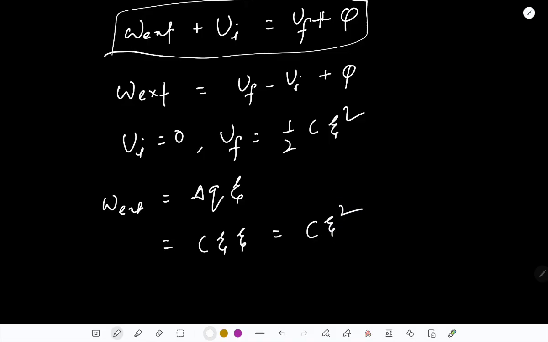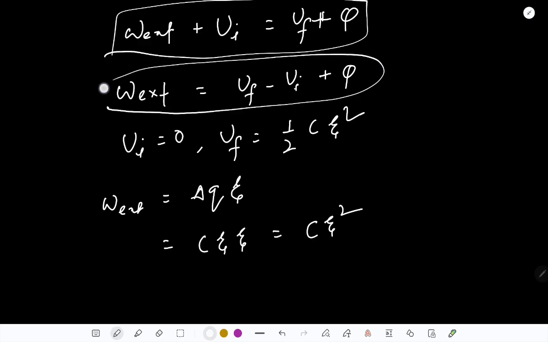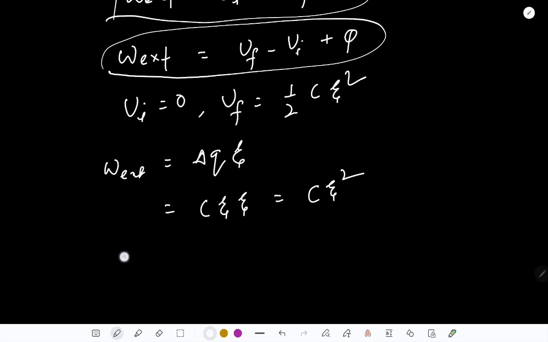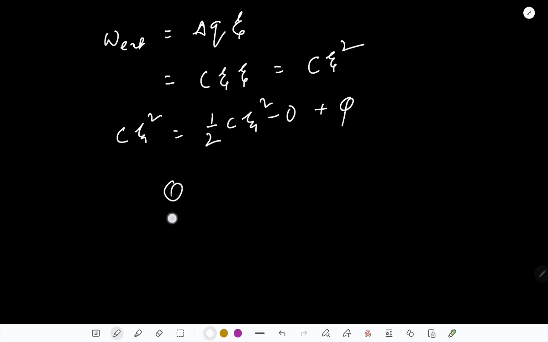And now we can put everything in this equation, and we get C Xi square equals final potential energy, half C Xi square, initial was 0, plus Q, and that gives Q equals simply half C Xi square.